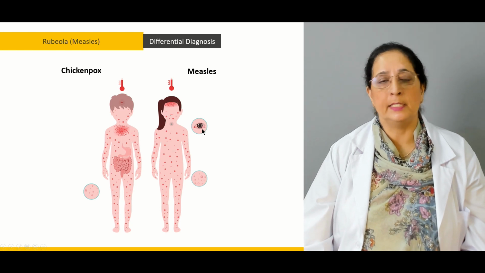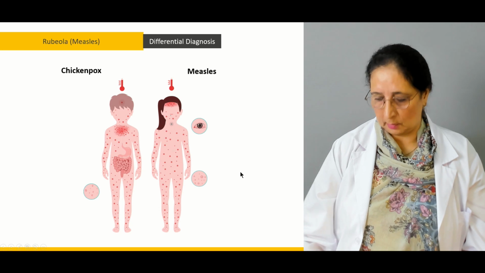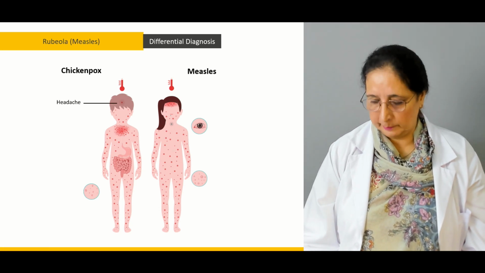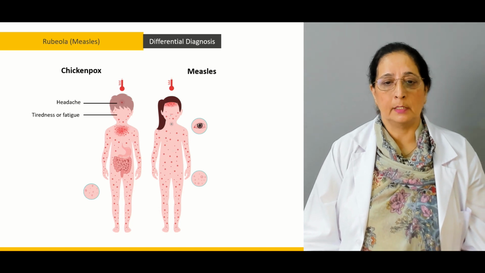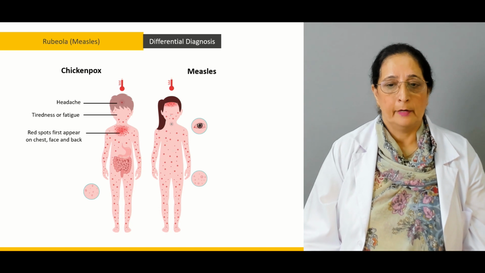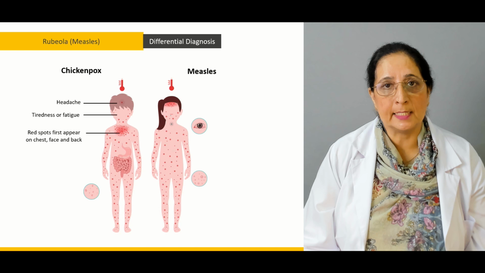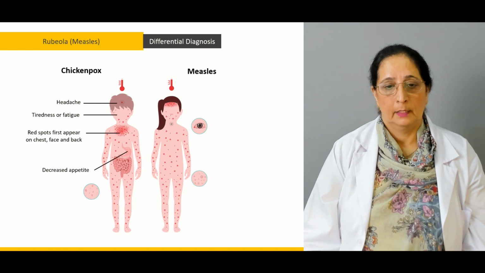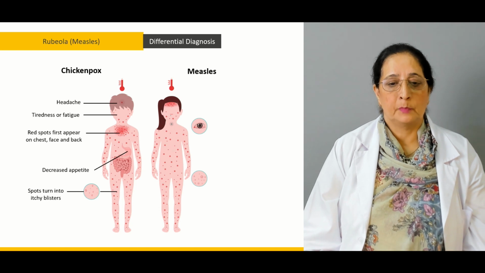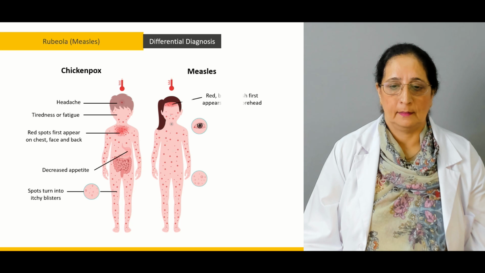And then we have conjunctivitis, involvement of the eye in measles also. Headache is present in chickenpox. There is fatigue or tiredness. Red spots first appear on the chest, face, and back. There is decreased appetite. Spots turn into itchy blisters.